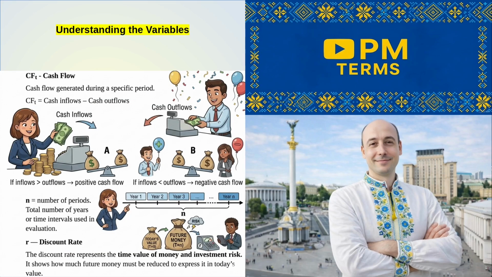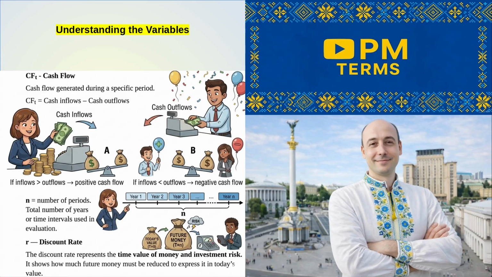Let's break down the variables in the formula. CFt is the cash flow generated during a specific period. CFt equals cash inflows minus cash outflows. If inflows are greater than outflows, then we have positive cash flow. If inflows are less than outflows, then we have negative cash flow.